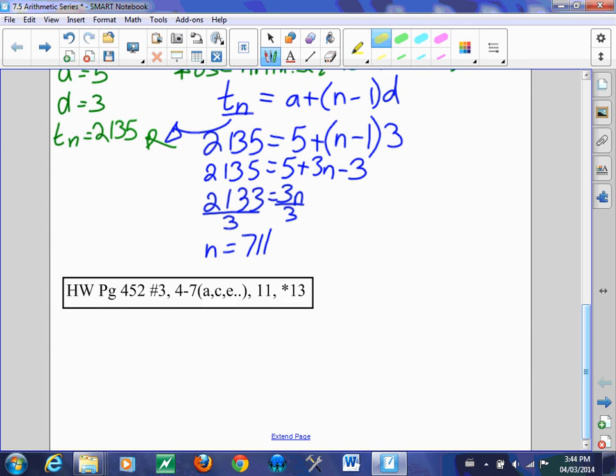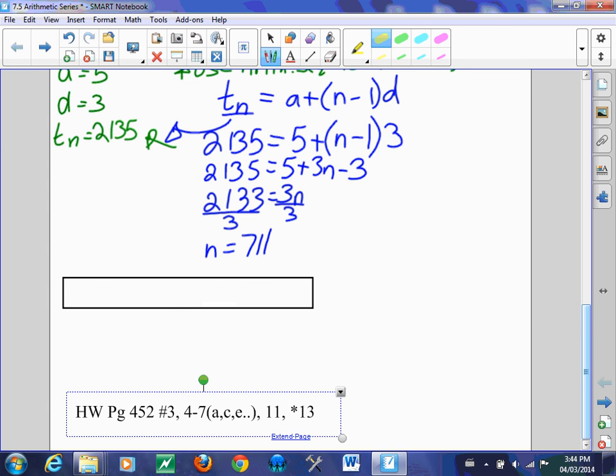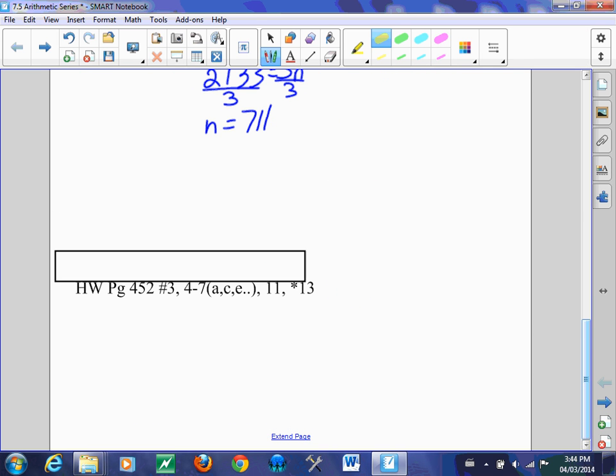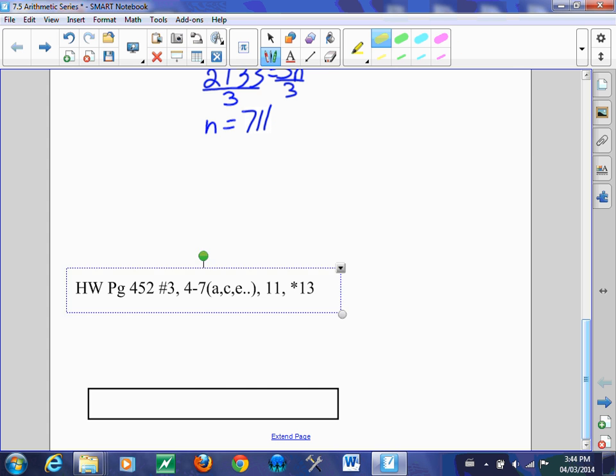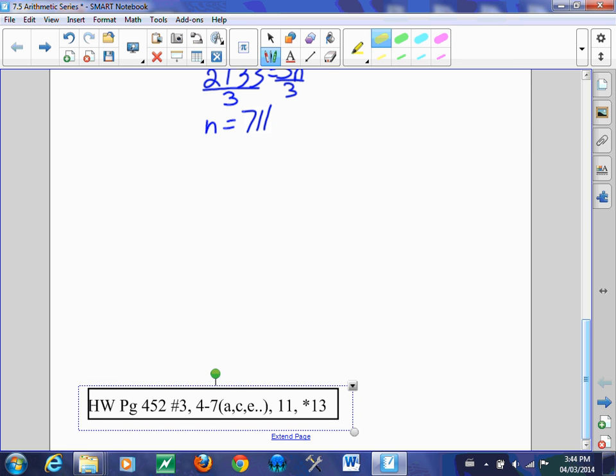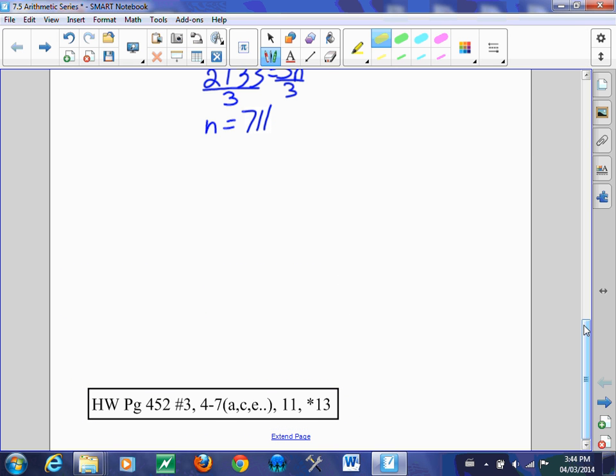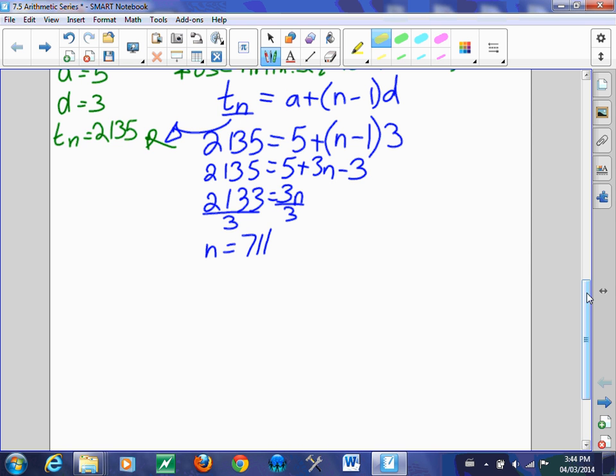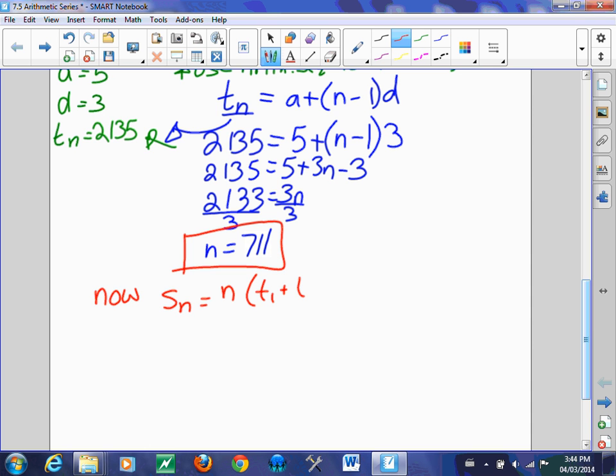What does that tell us, ladies and gentlemen? That tells us that we have 711 terms in that series. Okay, so now that we've got the 711, we can put it into the formula. Now we can use S at n equals n times T1 plus Tn, all divided by 2.